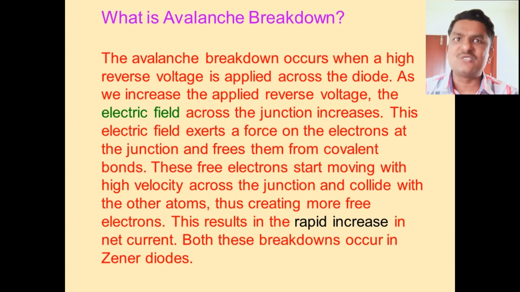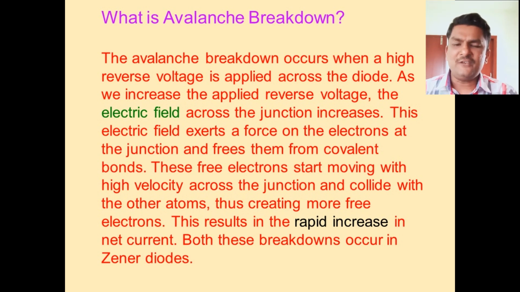When the applied voltage is more, the electric field across the junction exerts some force. Because of this force, electrons move with high energy, and these free electrons start moving with higher velocity across the junction and collide with other atoms, creating further free electrons.